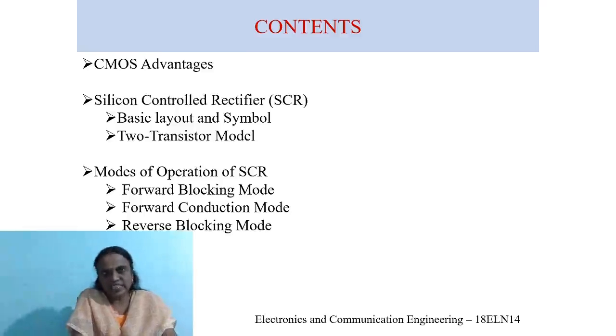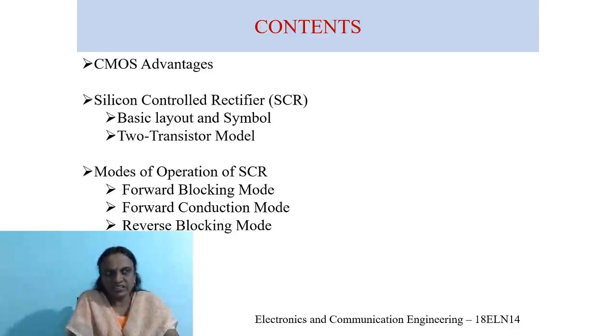Now, starting with the CMOS advantages. Having had an introductory session on CMOS, we discussed in the last session why it is called MOS and how it came to be named CMOS, and why the term metal has been given.